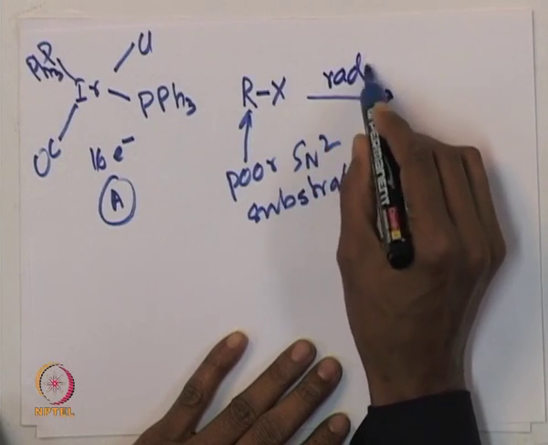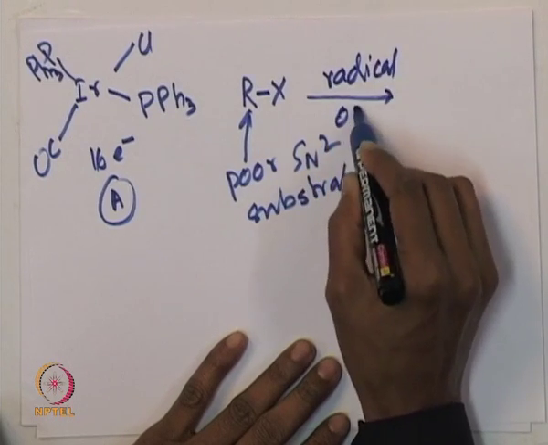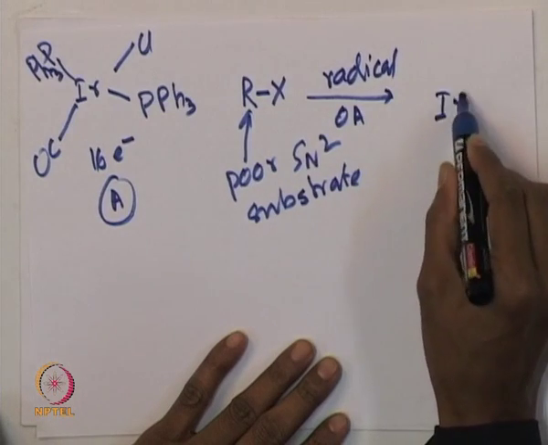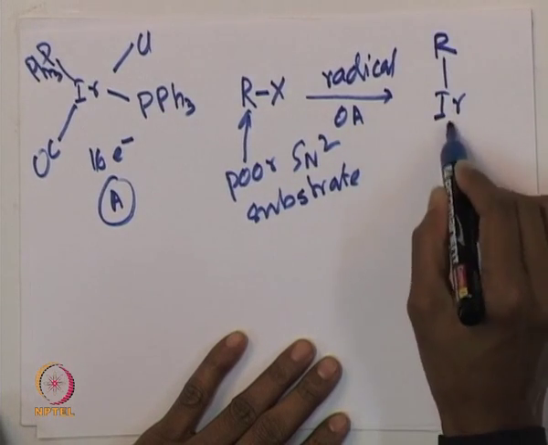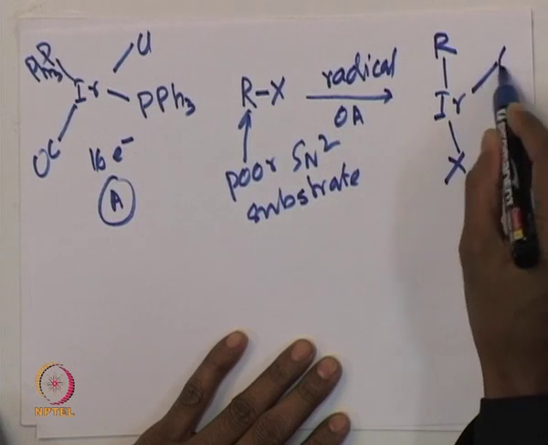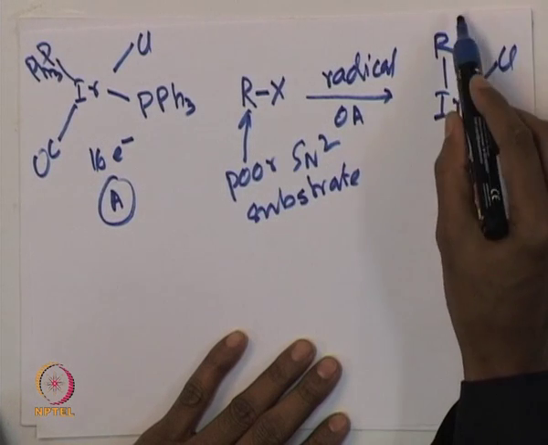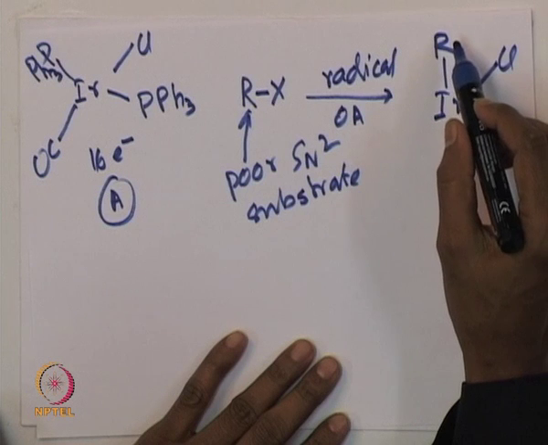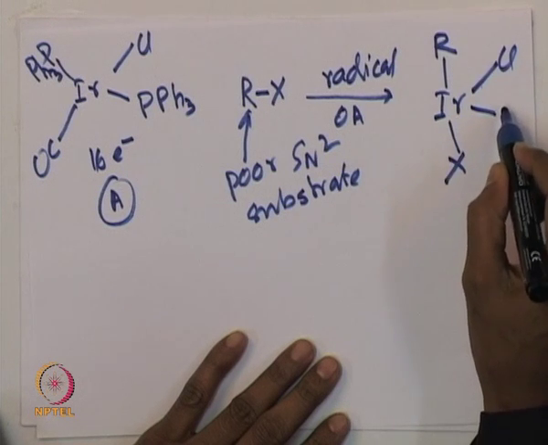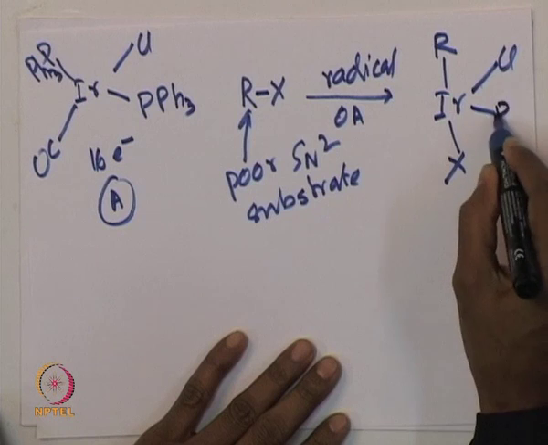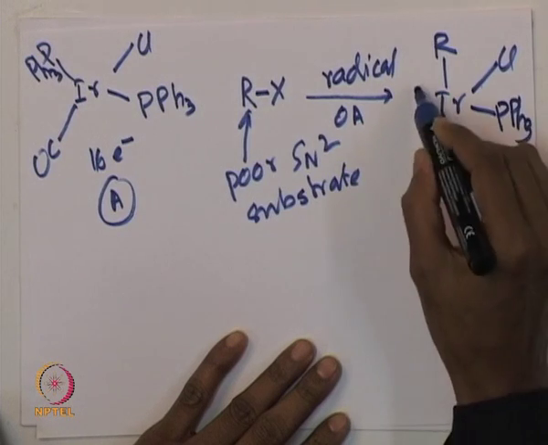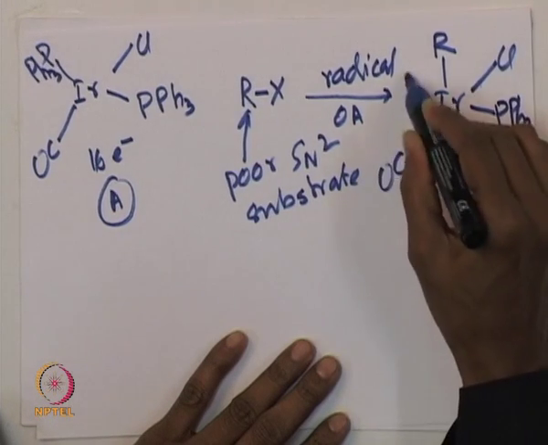Now, this will undergo the radical oxidative addition overall to give you the iridium RX species, where the first intermediate formed is the one which will have the initiator. Let me first draw the oxidative addition complex.